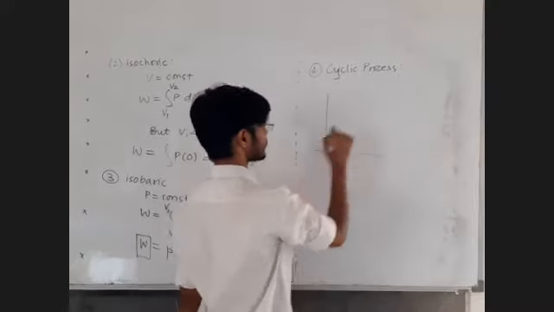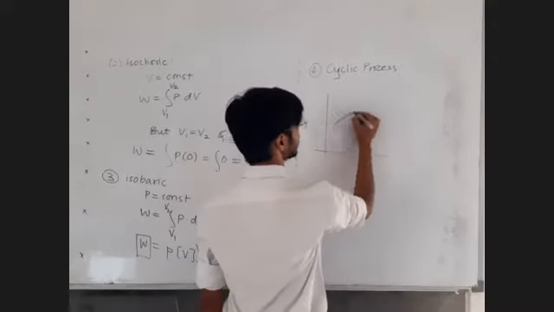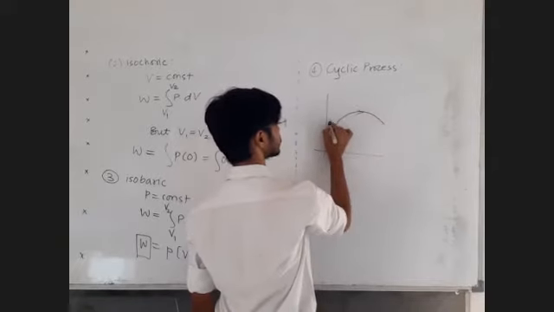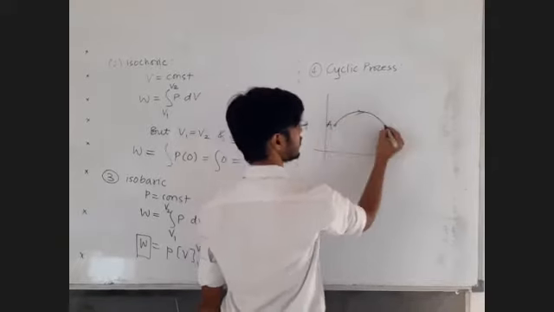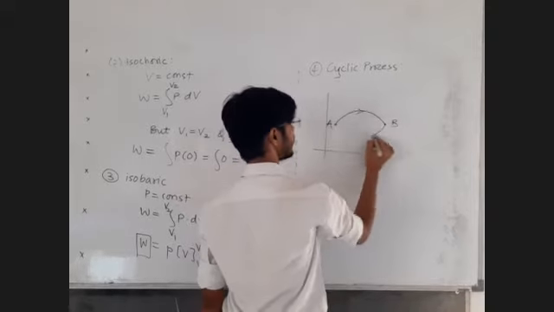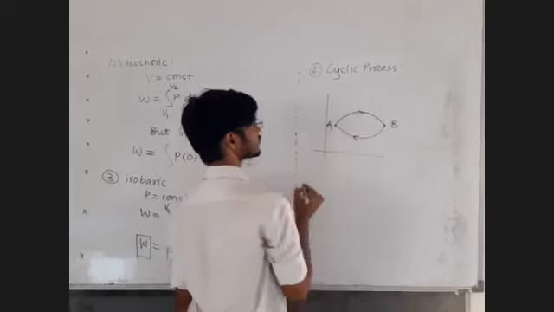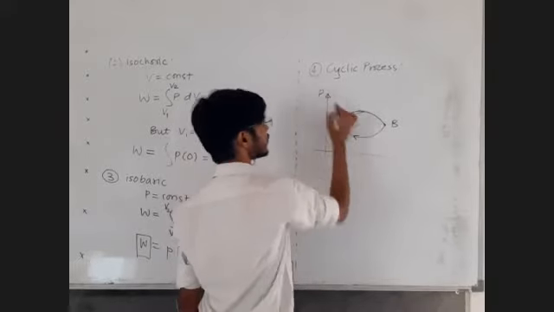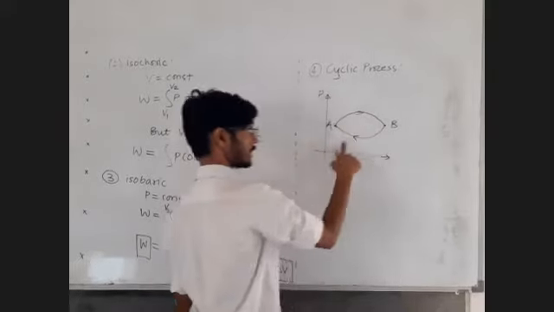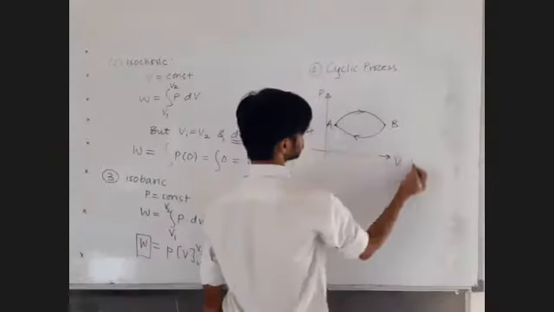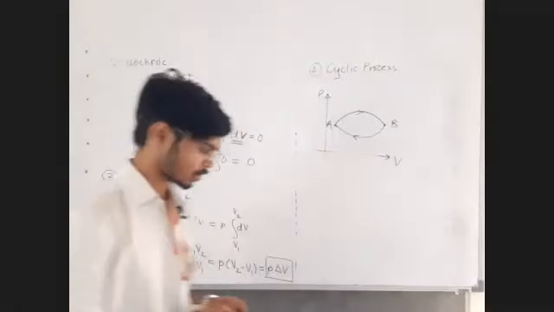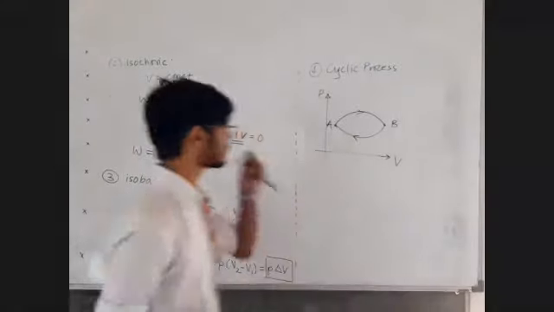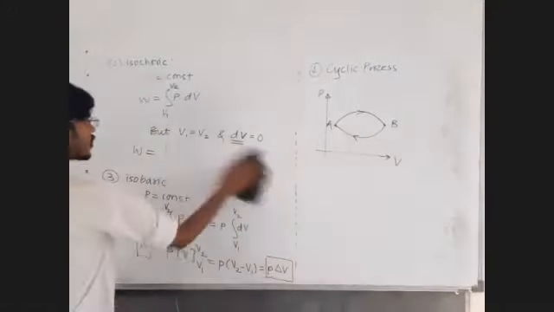Let us draw the cyclic process like this: A to B, and then B to A. Now tell me, work done in this cyclic process, zero or non-zero?